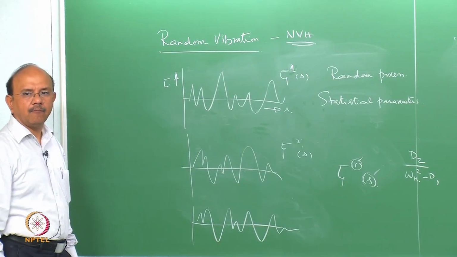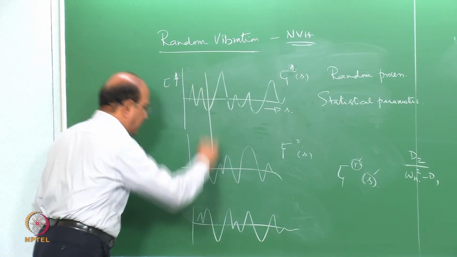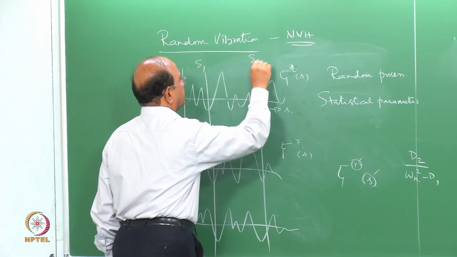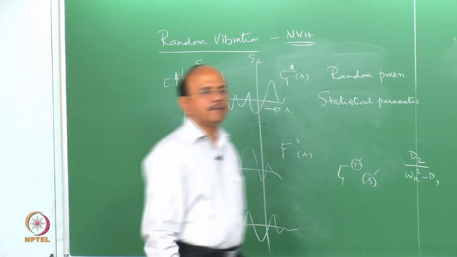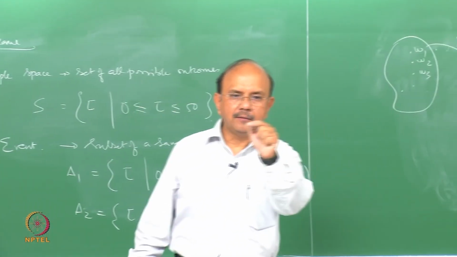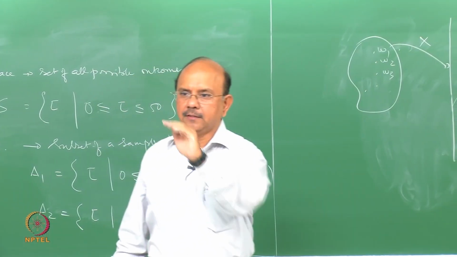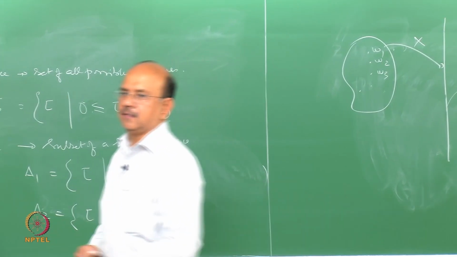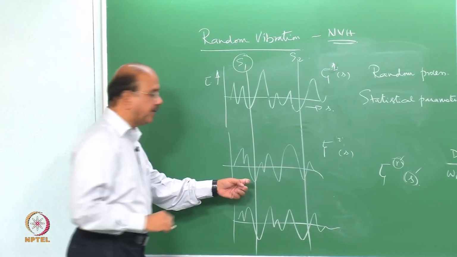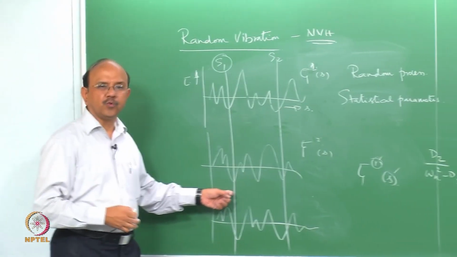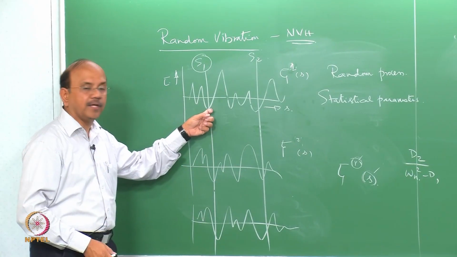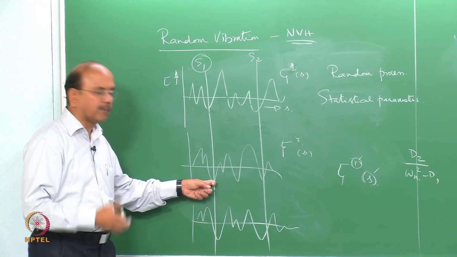Note that if I take any, let us say that is S1 and that is S2 and so on, just because I measure the surface roughness at one location, say S1, it is not possible to predict or to say that this would be the same as S2 or 4 times S1.